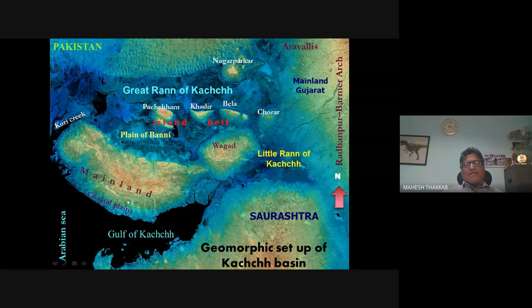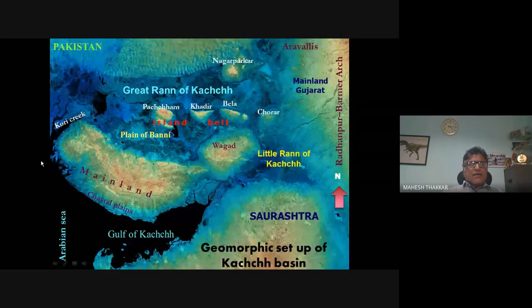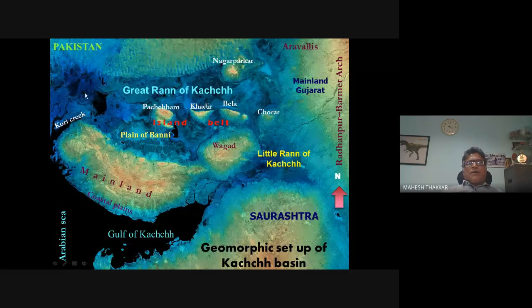The coastal plains have several different aspects. In the eastern part, we have mudflat systems. In the western part, we also have creek and mudflat systems, and in the middle part, we have the sandy coastal dune systems. The large, very distinct portion in the geomorphology is the Great Rann of Kutch.